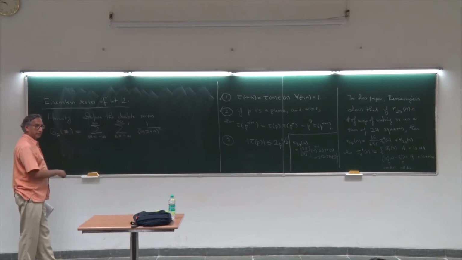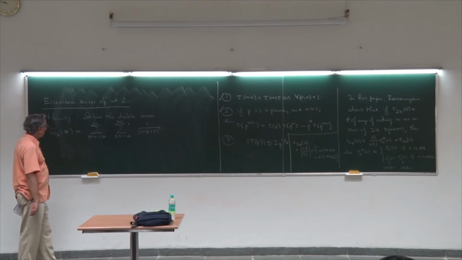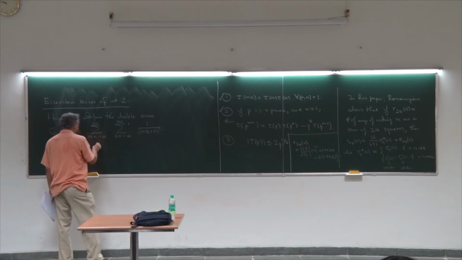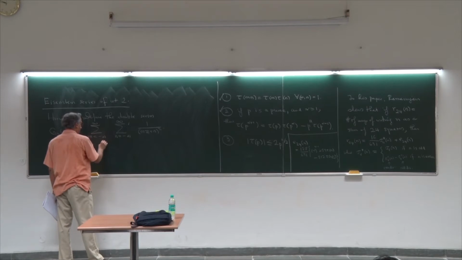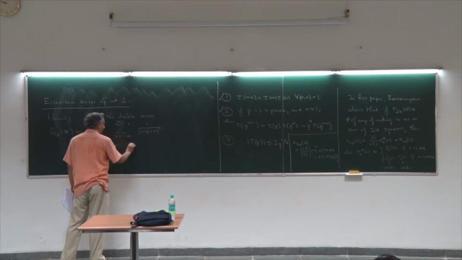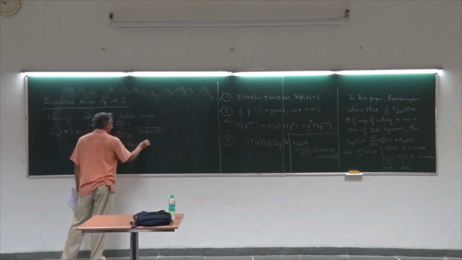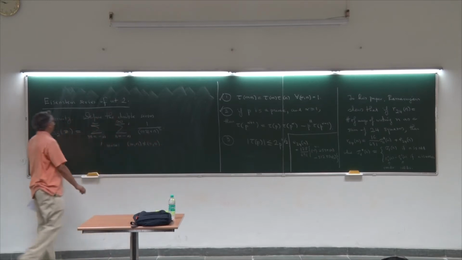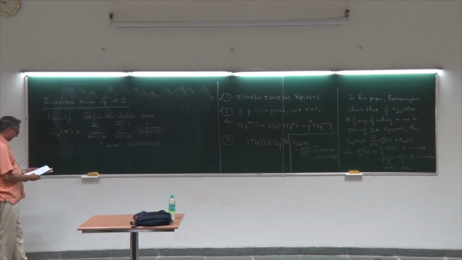At the moment, we won't worry about convergence as such. The dash means that m, n is not simultaneously 0. Okay.